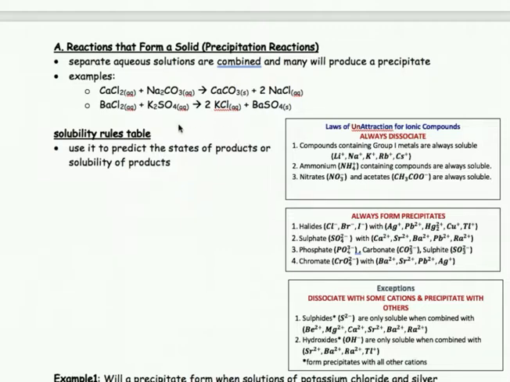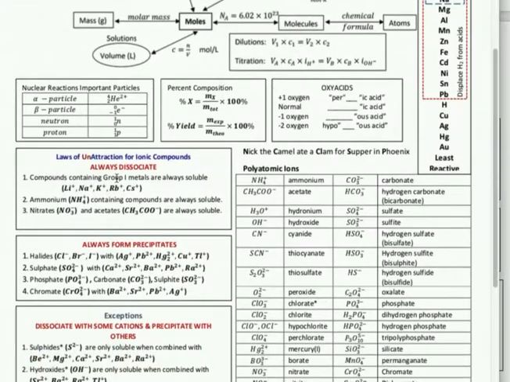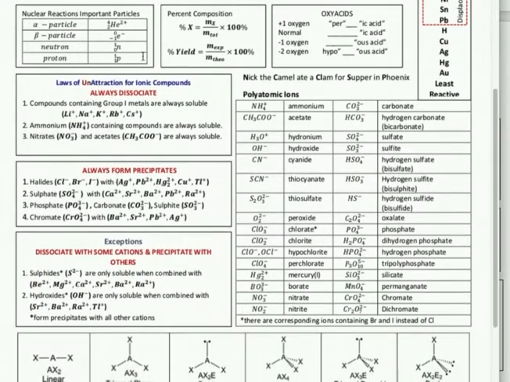So we're going to learn today, how did we know that the barium sulfate or the calcium carbonate here became solids? So there's a solubility table. If you take a look at the back of your periodic table, so here it is. So again, the other day we did the single displacement reaction activity series box here. So if you scroll down here, look at your formula sheet, we have these boxes here, and that's what you're going to use today to determine if a compound is going to be a solid or not.